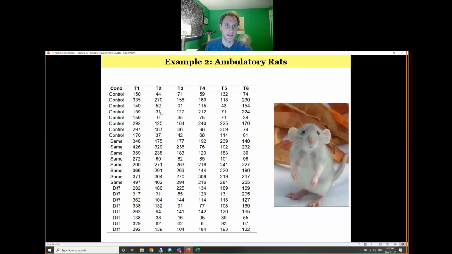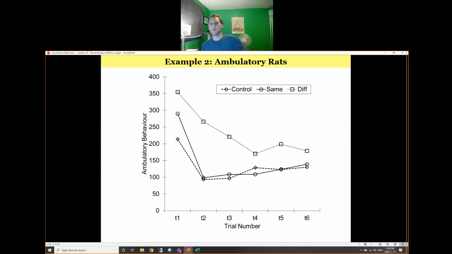The actual dependent variable is their amount of movement, counted in terms of, I think, seconds of movement during the trial. So if we look at our data here, we can see that we have 3 groups, the different group, the same group, and the control group, and 6 observations per rat.